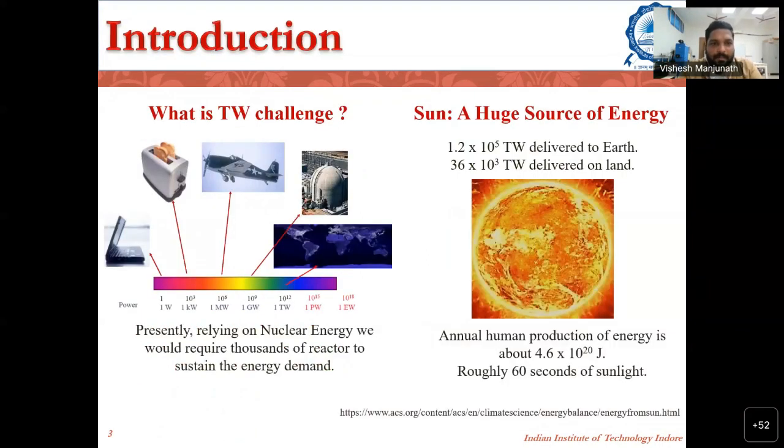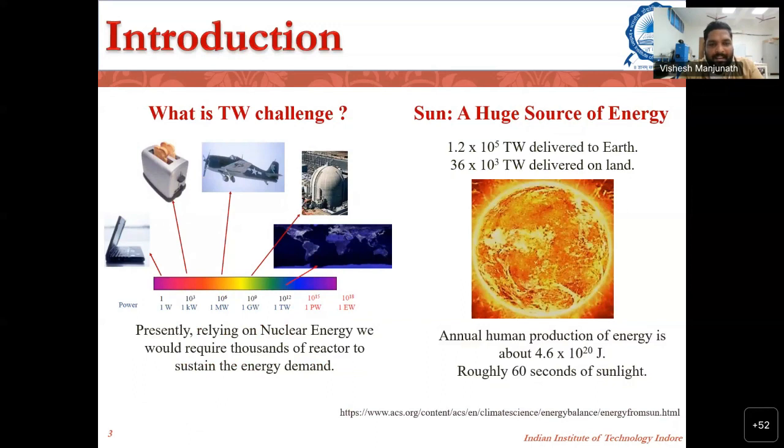Coming to the introduction, we should be aware of why we have to work on solar cells. What is the need? There is something called the terawatt challenge. To run a simple laptop, you need around 1 watt of power. A bread toaster, like shown here, might require around 1 kilowatt. To propel a plane, you require around 1 megawatt.